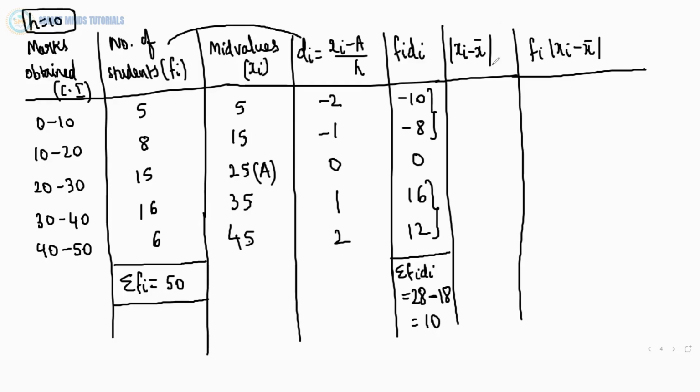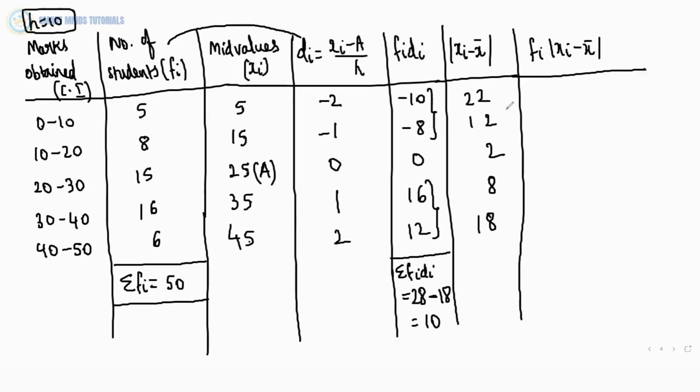But you have modulus, so that will become plus 22. Now 15 minus 27 is 12. 25 minus 27 is 2. Then 35 minus 27 is 8. 45 minus 27 is 18.